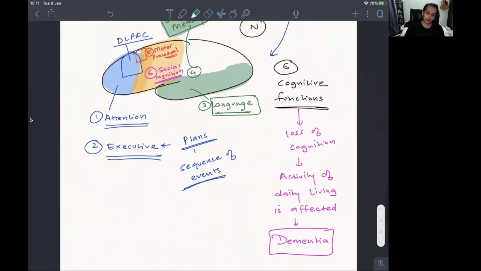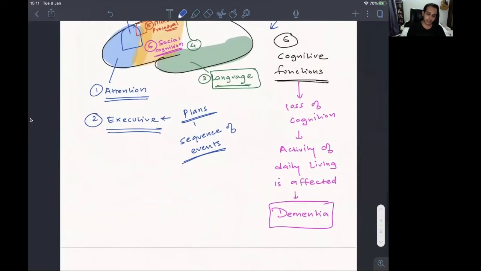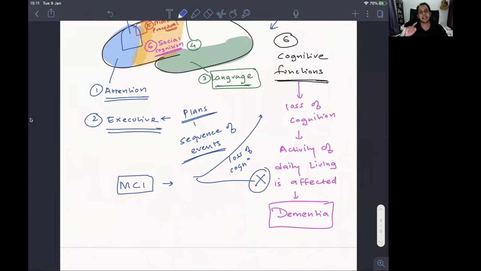Okay. Now, while we are on this topic, there is another concept called MCI. Okay. So MCI is basically when you have loss of cognition, but there is no affected activity of daily living.